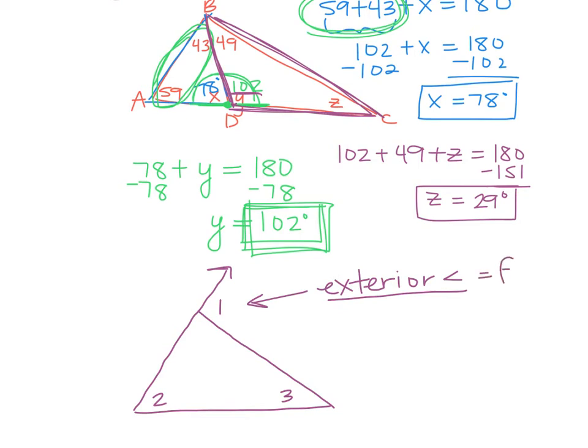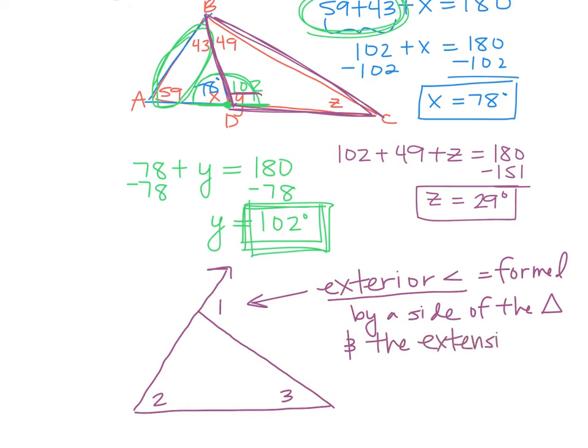So it's formed by a side of the triangle and the extension of another side. If we extend one side like they did here from angle 2, extend that out, and then use the side of the triangle, that's what's forming the exterior angle.